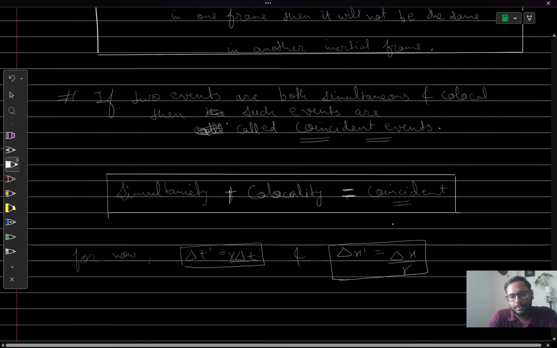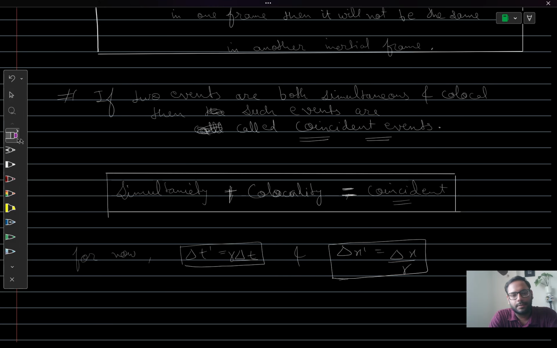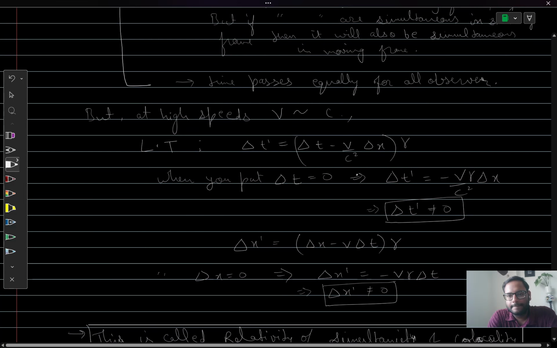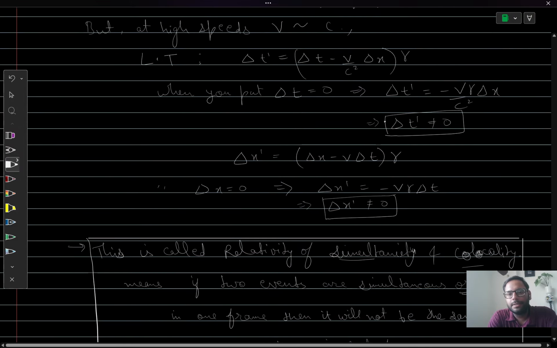From the equations, you make delta x zero and you will get this equation, and you make delta t equal to zero and you will get the gamma.